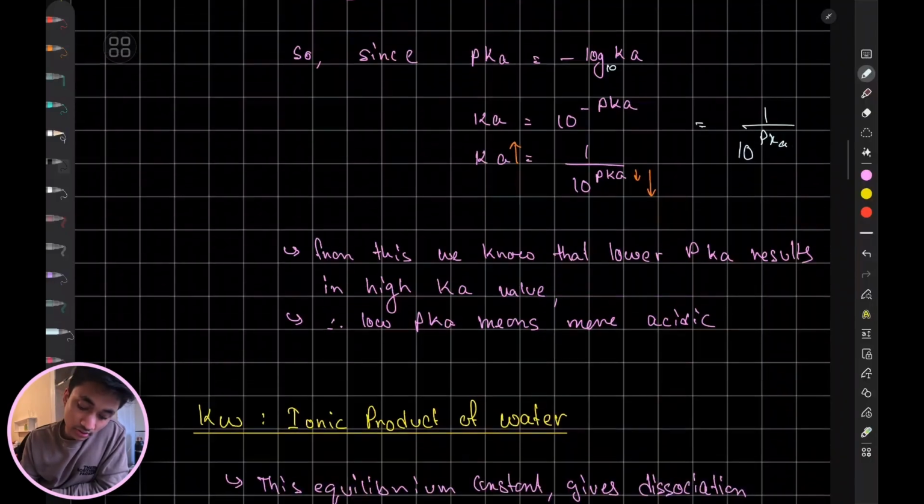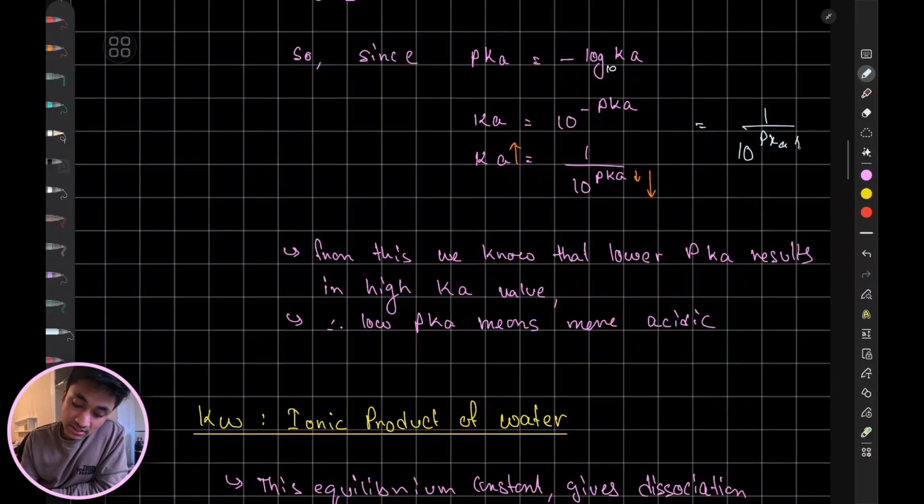If your pKa value is lower, that means your denominator is lower. That would mean the overall value of this fraction will increase, because the denominator is going smaller.